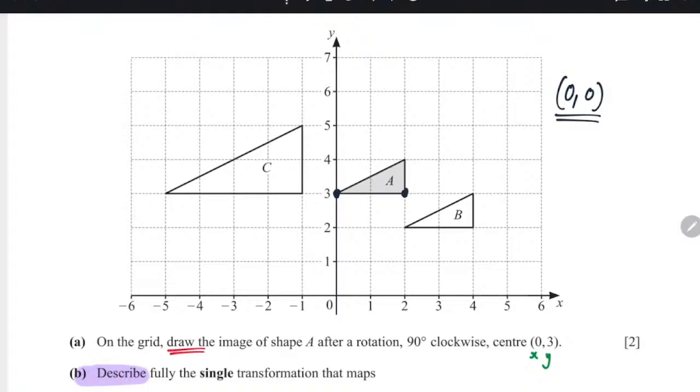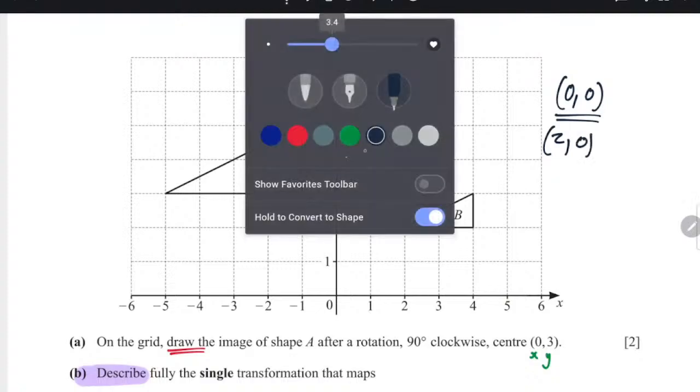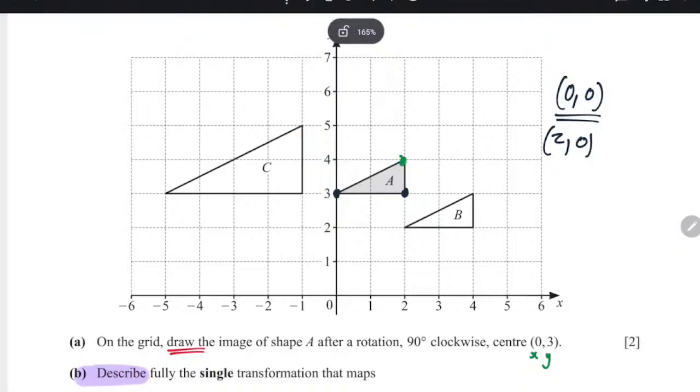Where is it if we start from this center? It is 2 in the x, right? Then in the y, it is 0 because it's on the same line, right? Now, where is the last point? If you want to rotate, just tell me where all points are from the center of rotation. Where is the last point?